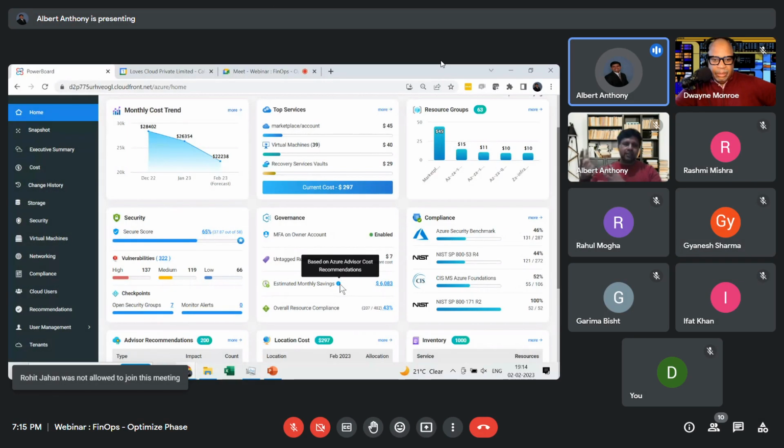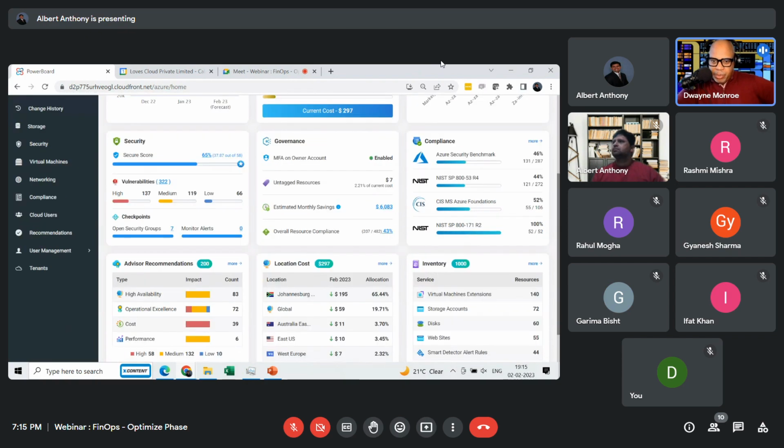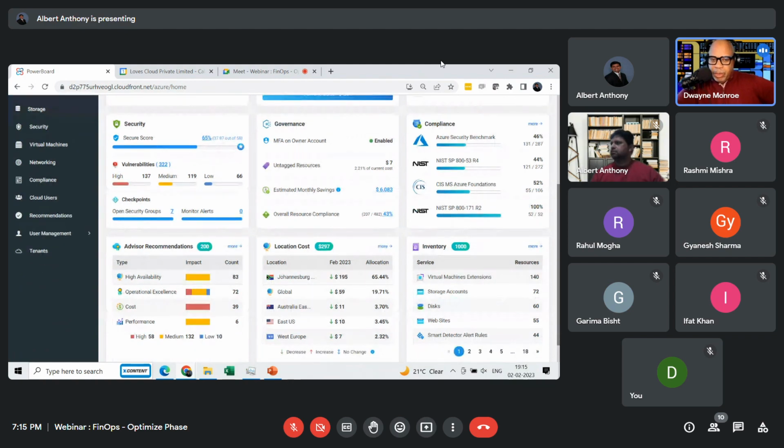Do you think that a tool like this would be helpful for an organization? Yes, absolutely. This is a burgeoning area of tooling. Even looking at the interface here, you can see at a glance that it gives information that business people, security people, finance people, and of course technical people would find of use.